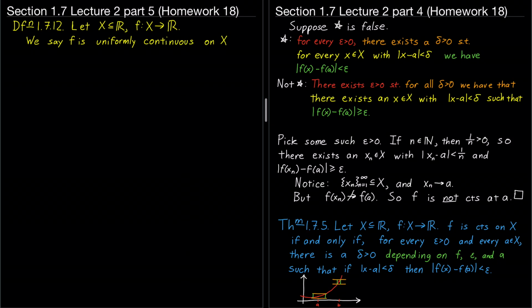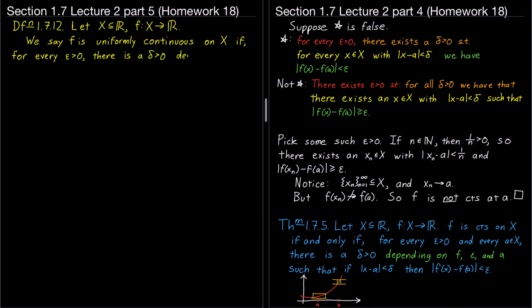You're uniformly continuous on the whole domain if for every positive epsilon there is a delta.